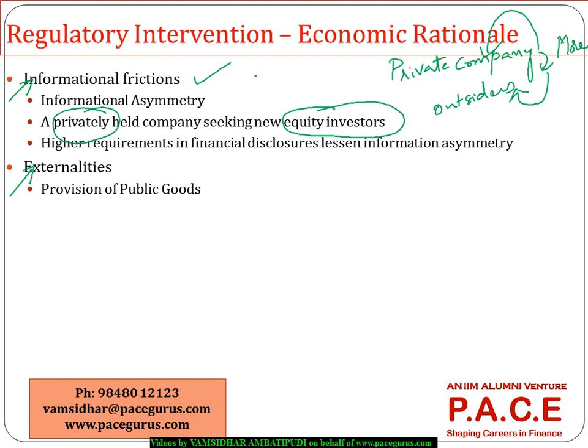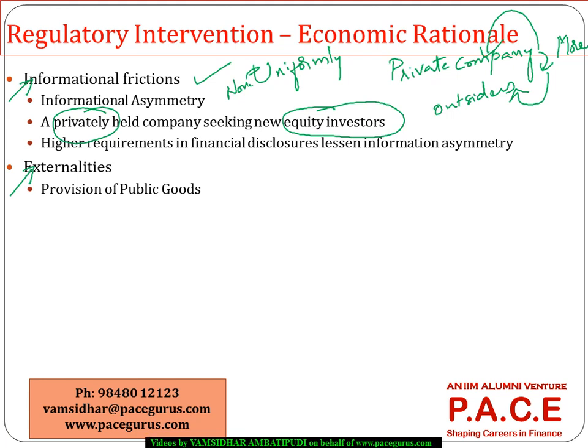So information is not uniformly available across the various layers, and this non-uniform availability of the information is what we call information asymmetry.